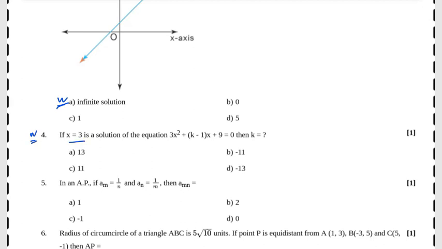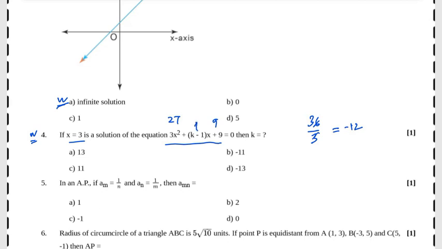In question number 4, x equal to 3 is a solution of the equation 3x square plus 9 equal to 0. Put the value of x equal to 3, then here will be 27 plus 9 equal to 36, and 36 divided by 3, then we get here 12 or minus 12.